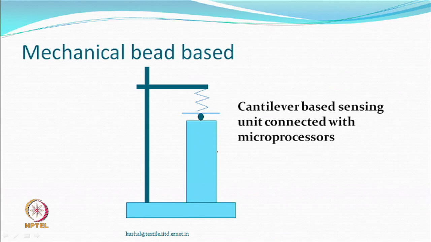A mechanical bead based testing equipment could be a kind of a cantilever with a spring, where if a node is there, the diameter, the distance will be different. So, it is not this plate, which is this plate, is not going inside, it is only compressing.